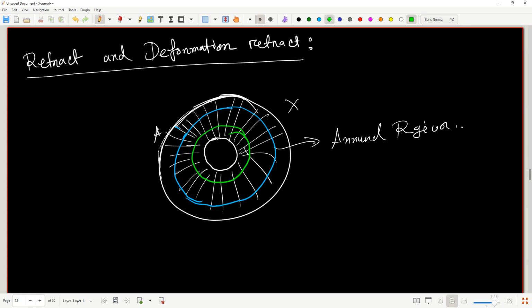So mathematically, retract. Let's say you have some topological space X. If you define a map that takes you from this topological space to a subspace of X. Okay, because see, I'm deforming this into a subspace.